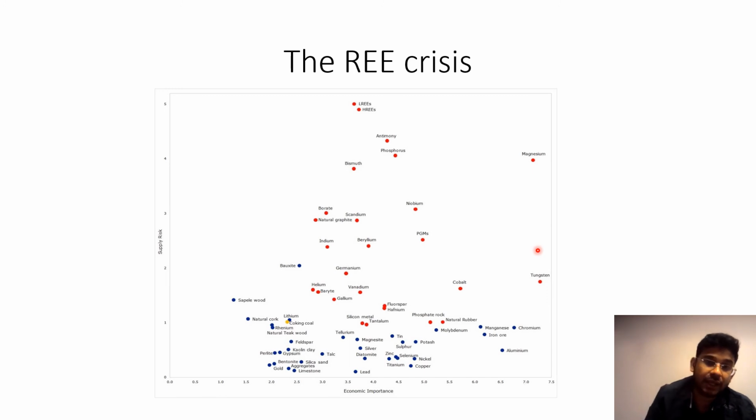So you see here in this graph between supply risk and economic importance, these light rare earth elements and heavy rare earth elements are really at the top in terms of supply risk because of the apparent monopoly of these metals by China. So you could see how important these metals are in terms of creating recycling initiatives.